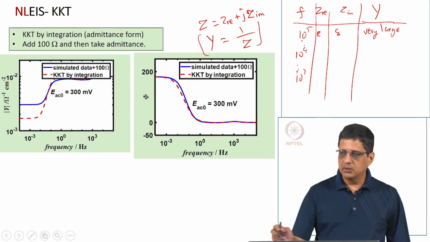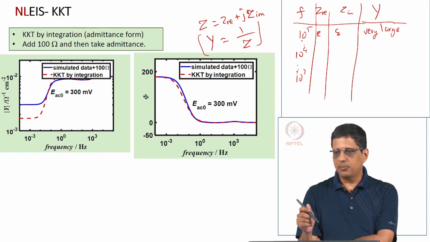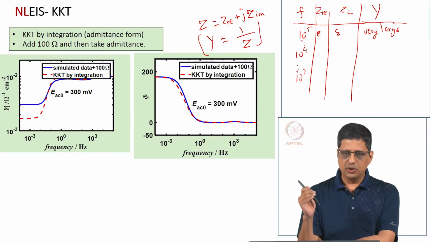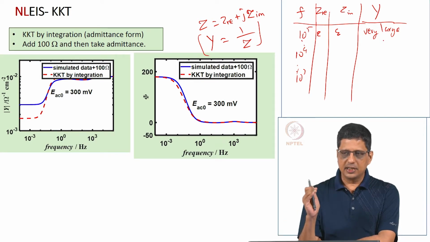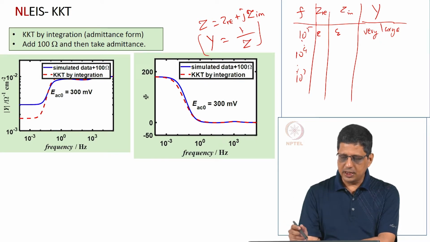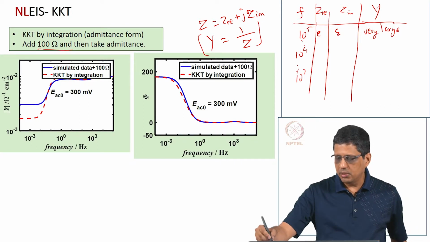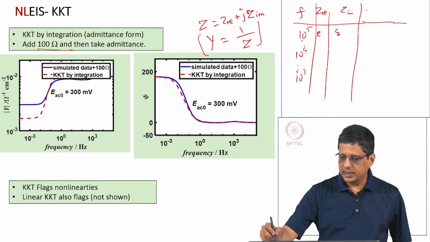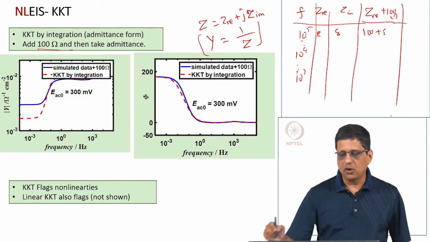That is not easy to get accurate value in the MATLAB program or any programming environment. So, beyond a limit, when you use double or integer, whichever mode you use, it is usually used in double, but it has a certain limitation on the accuracy. So, to avoid this problem, what we have done is to take that impedance data and generate new impedance data by saying Z real is Z real of this plus 100 ohms.